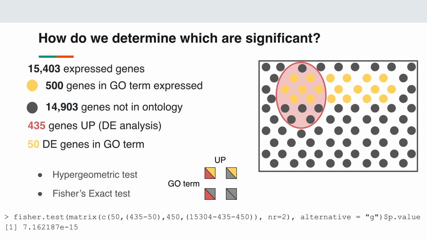So for example, how many genes are upregulated and also part of your GO term, or not upregulated but still part of your GO term. And in the second row, how many genes are upregulated but not part of your GO term, and neither upregulated nor part of your GO term. And once you write this matrix, you can input it into the function as you see here, and you essentially get the same p-value.